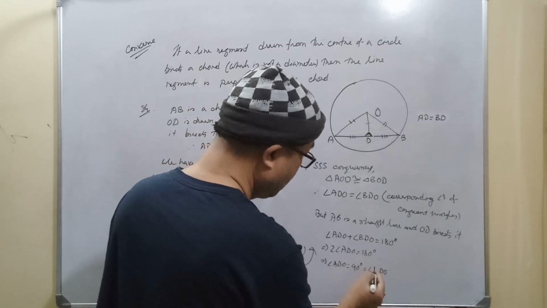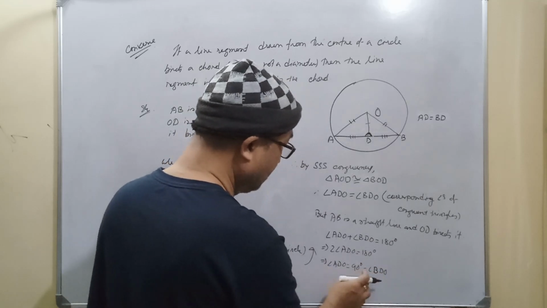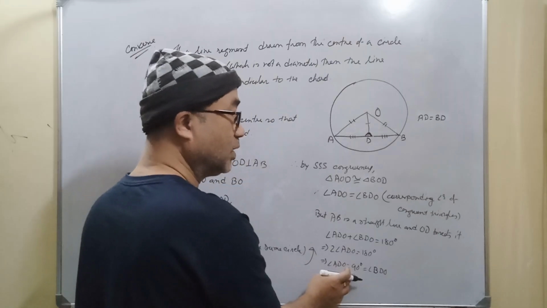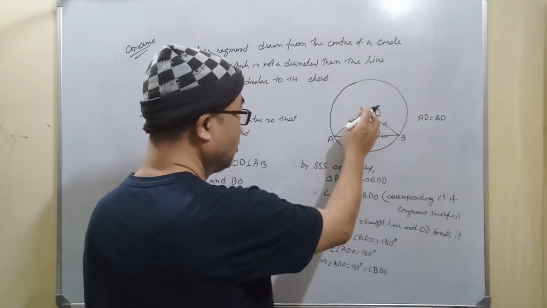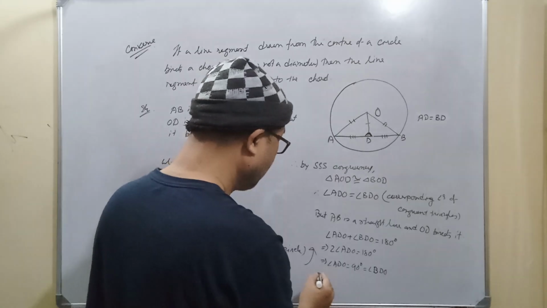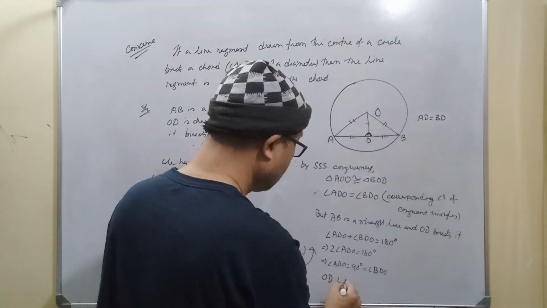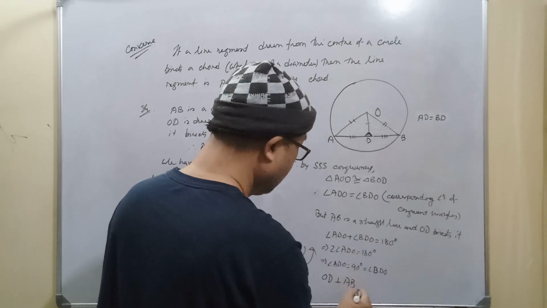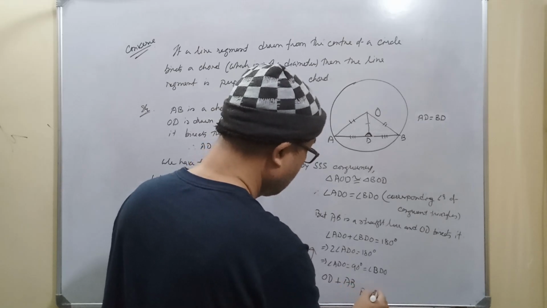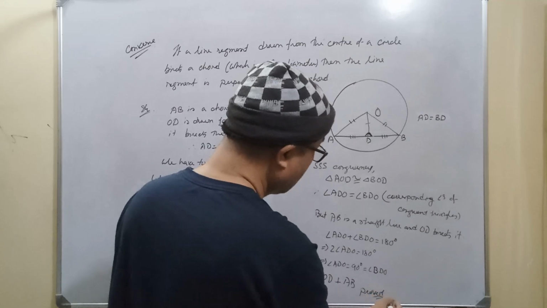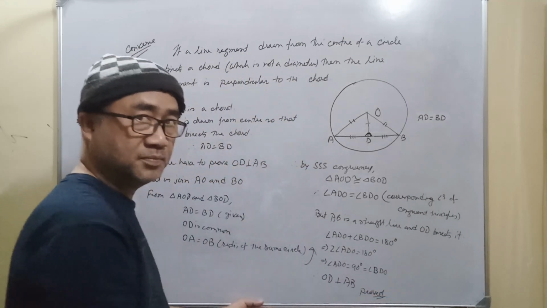So ADO and BDO both are 90 degree. If that is the case, then OD must be perpendicular. Hence, OD is perpendicular to AB. And we have proved the converse of the theorem.